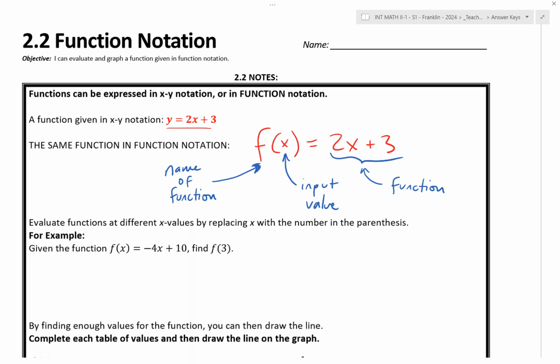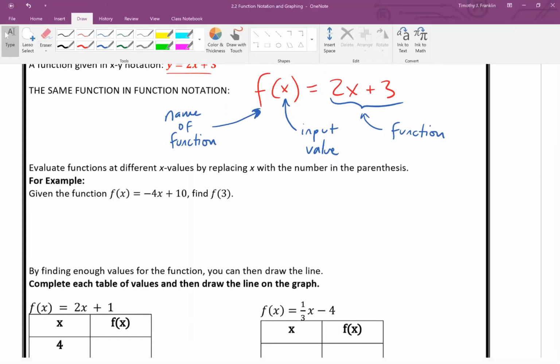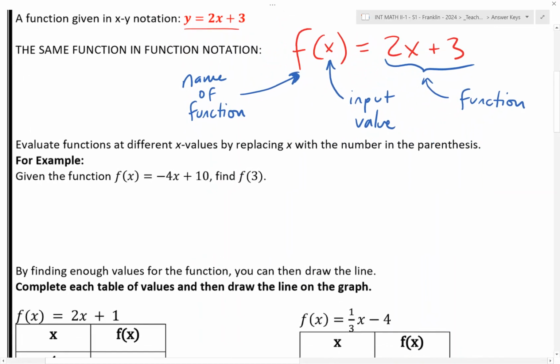So for example, given the function f of x equals negative 4x plus 10, we want to find f of 3. And so what we want to do here is, instead of x, put 3 in the input area, and then in the function, replace every x we see with the number 3. And then we're just going to evaluate that.